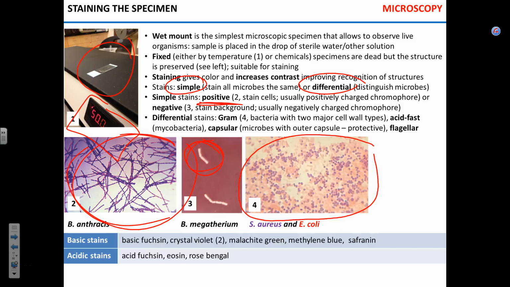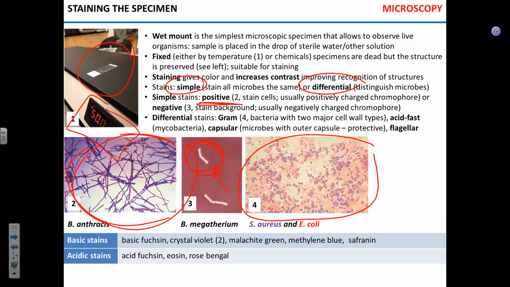So this one, bacteria is not affected, but the background is stained. So this is quite useful to determine the structure of the cell, the appearance of the cell. Does that make sense? Okay, it doesn't penetrate the cell.